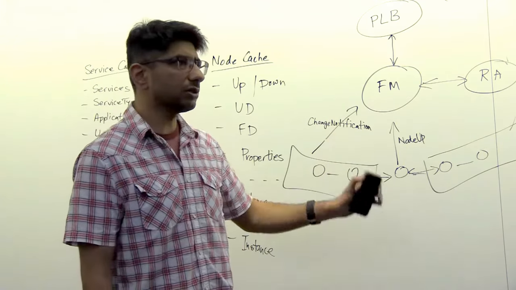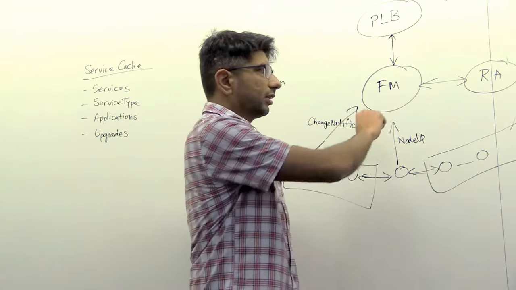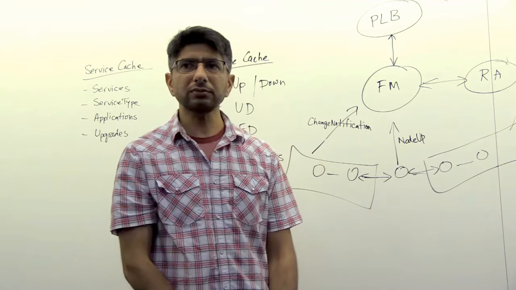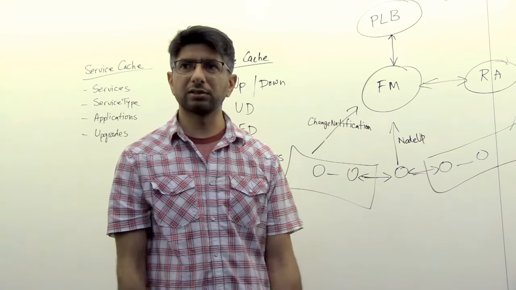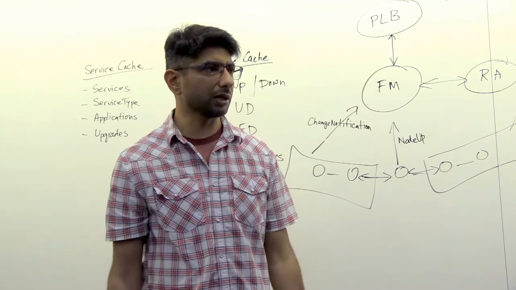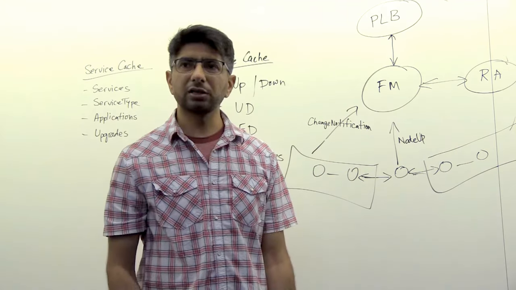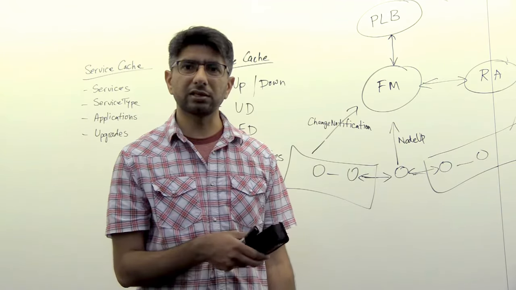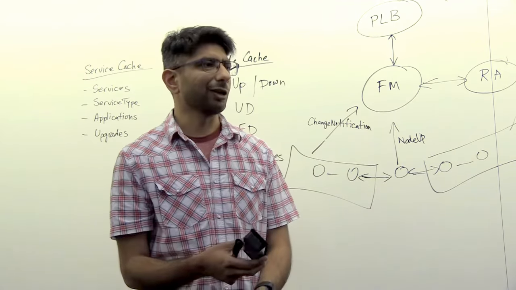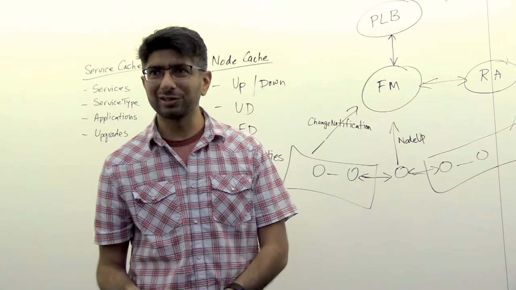So it does all these safety checks, and then it sends a message to RA saying, go and upgrade this set of code packages. And RA does pretty much the same thing. It closes all the replicas, and after that it tells hosting, now start these replicas in this new version.